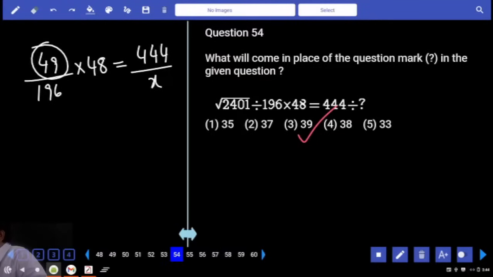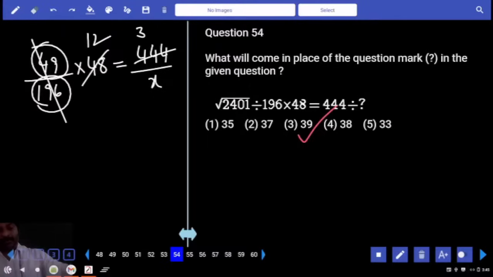That is what our denominator. So how many times? Then x is equal to 444 divided by 12 only. 12 3 times 36, 84. Any times? 7 times. But 39 ఎలా వచ్చింది మనకి?